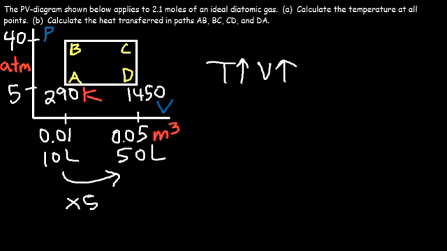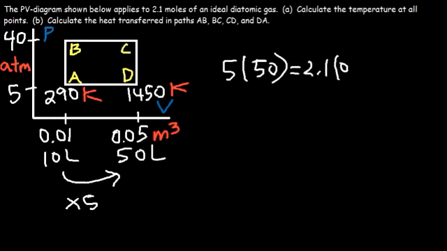Now if you want to, you can use the PV equals nRT equation to get that answer. If you plug in a pressure of 5, a volume of 50, and 2.1 for n and the same R value, 5 times 50 is 250 divided by 2.1, that's 119, divide that by 0.08206, and you get about 1450 Kelvin.